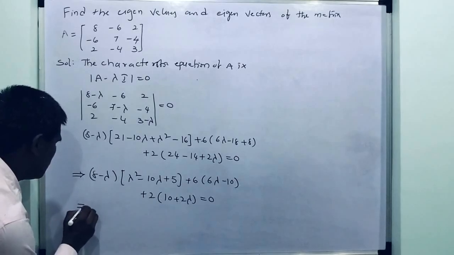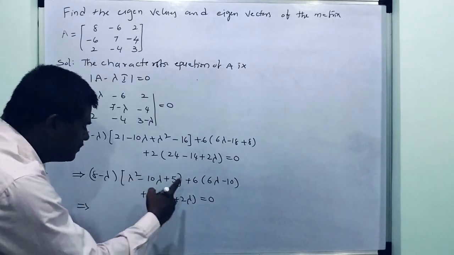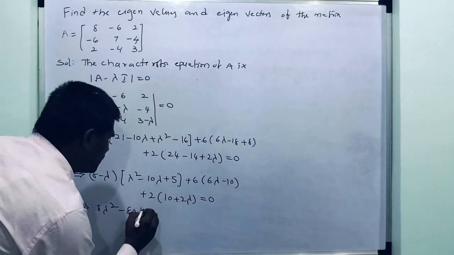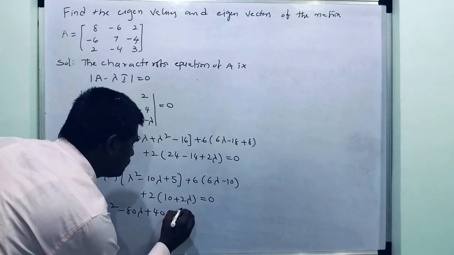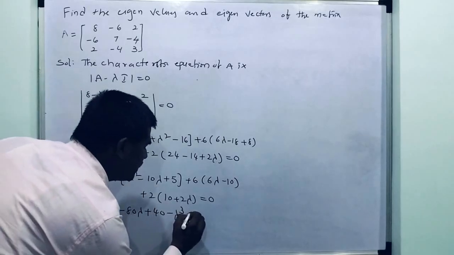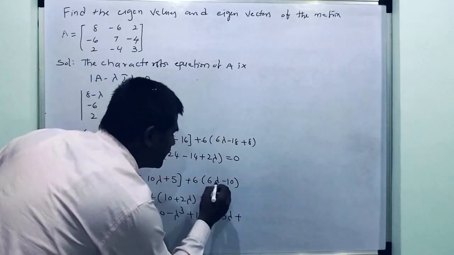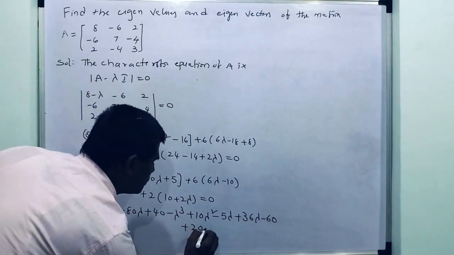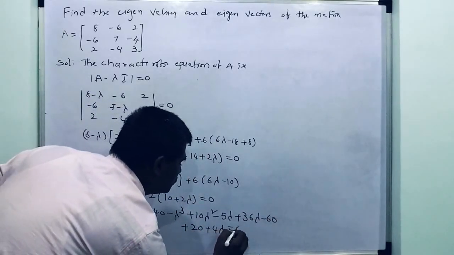That implies multiply the constant to all the terms. So 8λ² − 80λ + 40 − λ³ + 10λ² − 5λ + 36λ − 60 + 20 + 4λ = 0.